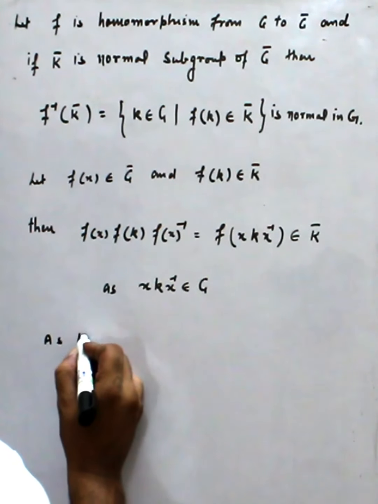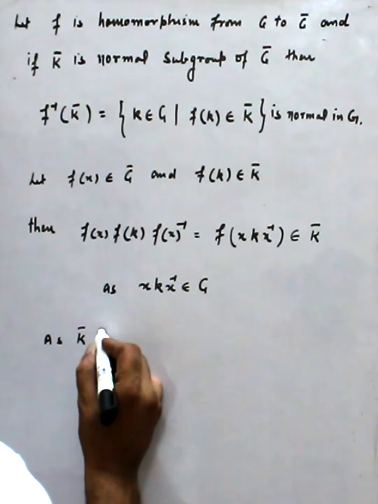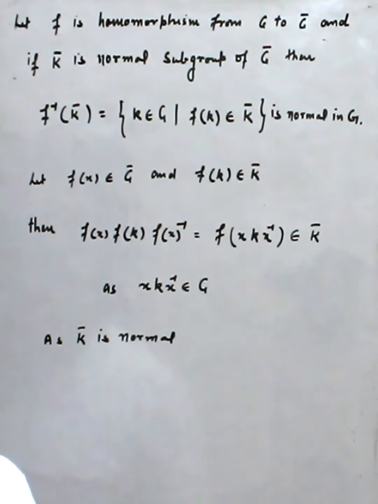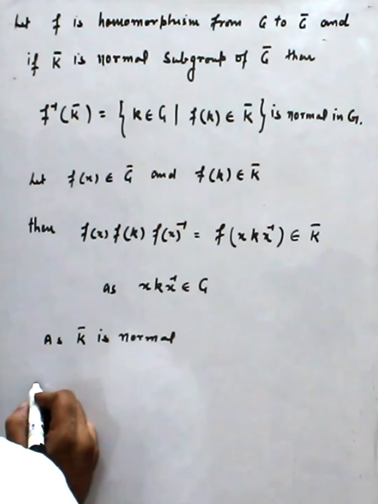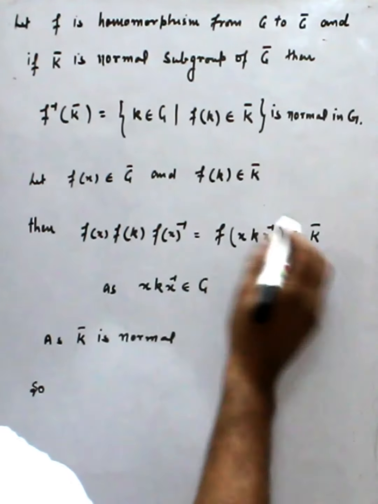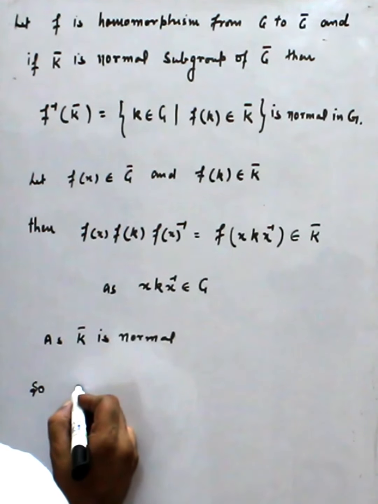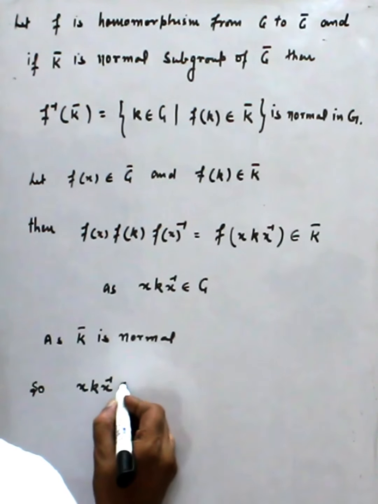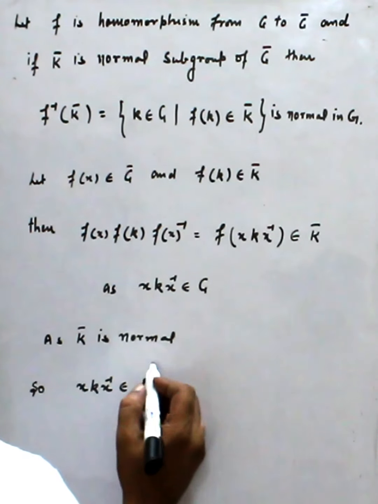Therefore, now this we have proved. As K bar is normal, we can take x k x inverse belongs to f inverse K bar.